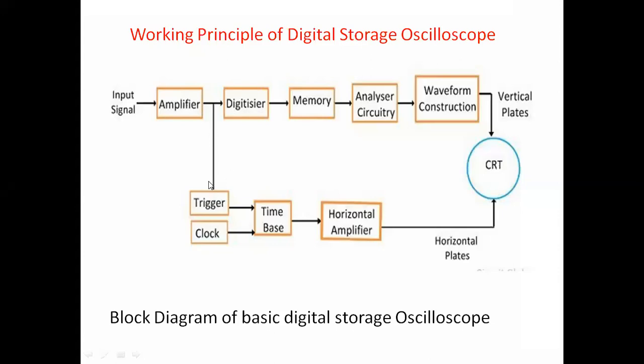From the trigger, it is applied to the time-base generator, which has a clock. The time-base generator produces a sawtooth waveform, and that signal is applied through the horizontal amplifier to the horizontal deflection plates.